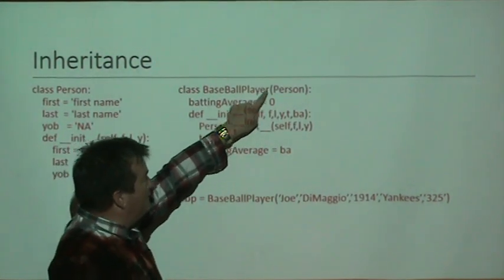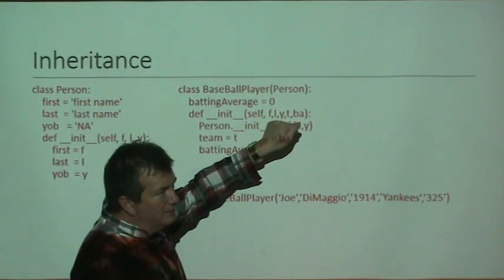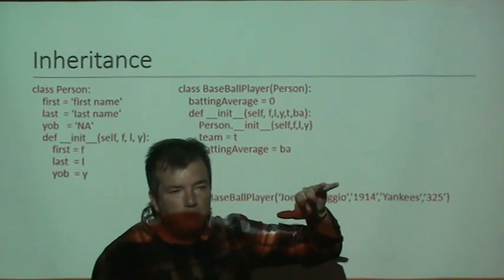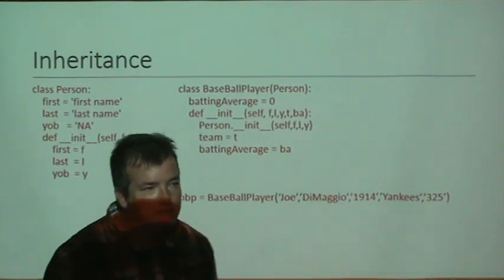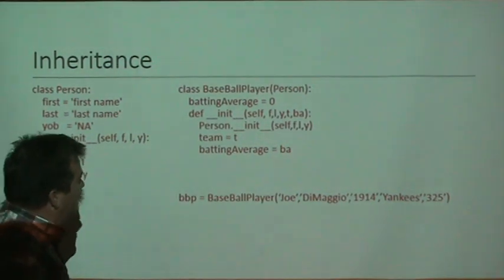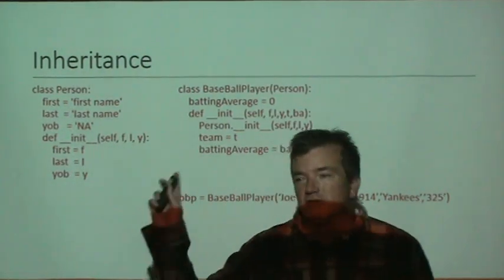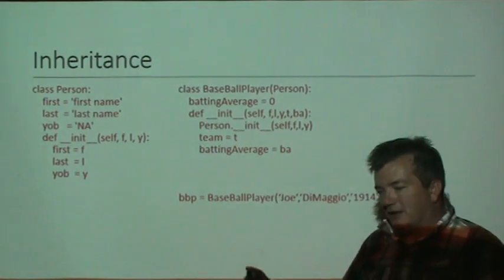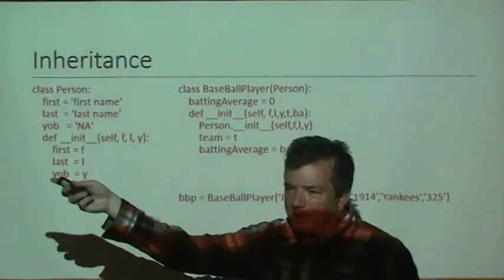But in baseball player, inside the class, in the parentheses, we put in person. Meaning, a baseball player has every attribute that a person has, and then in addition to that, it has more stuff. And the more stuff is batting average, right? I'm obviously doing a very small example here. I'm just trying to get a point across. I'm defining a baseball player as a person who has a batting average.